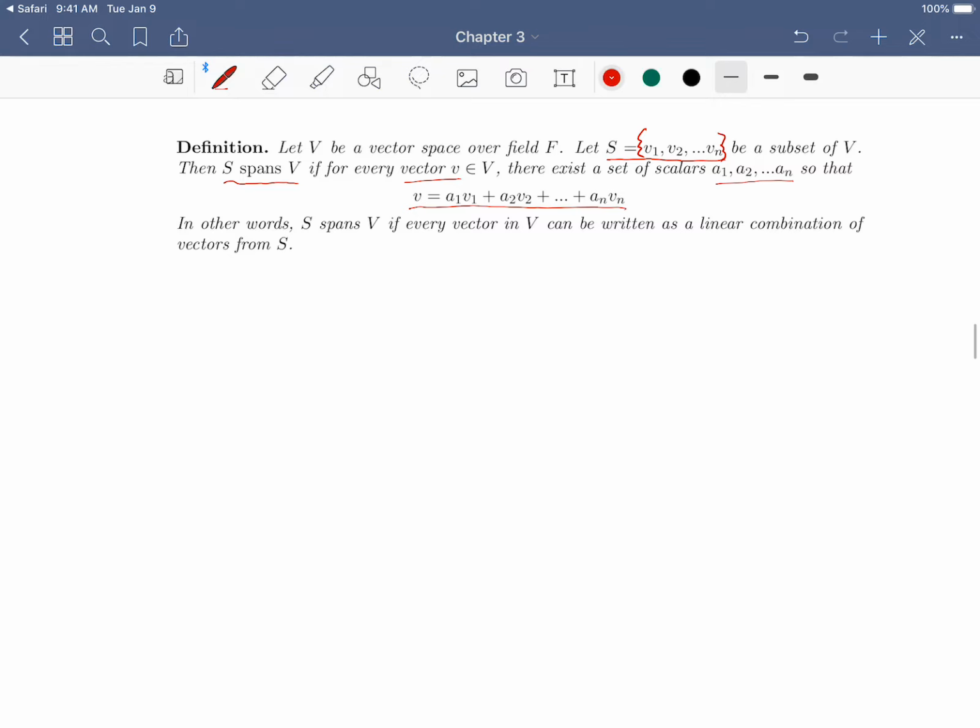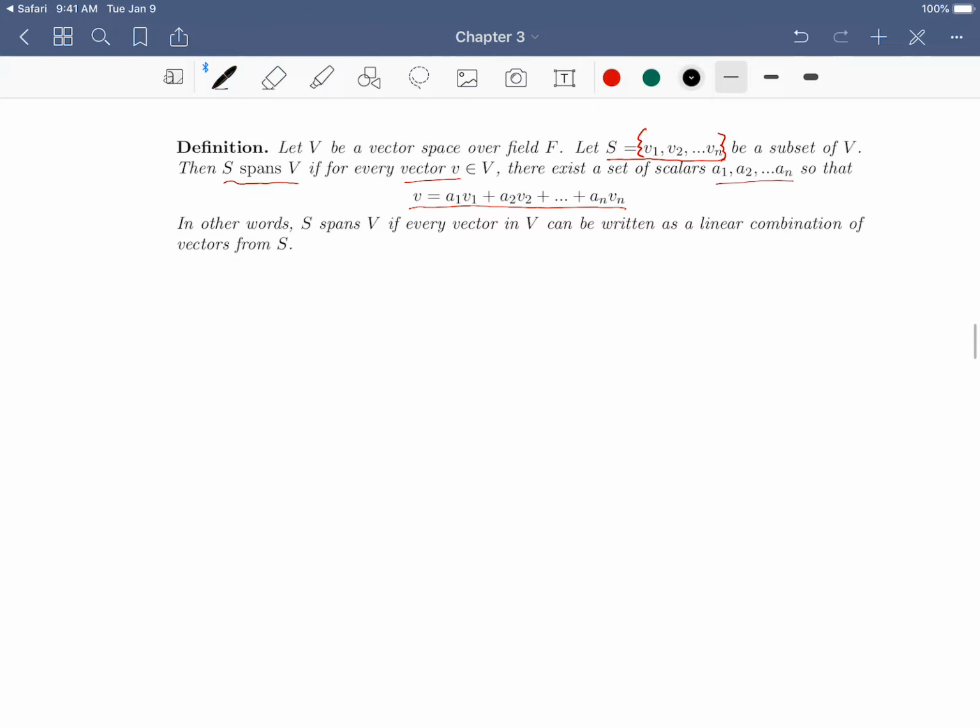Using this linear combination idea, any scalars we want times the vectors and add that up, what spanning means is that we can build all of V that way. So we can build anything in V out of just that collection of building blocks along with all the scalars that we have. Okay, so that's what it means to span.